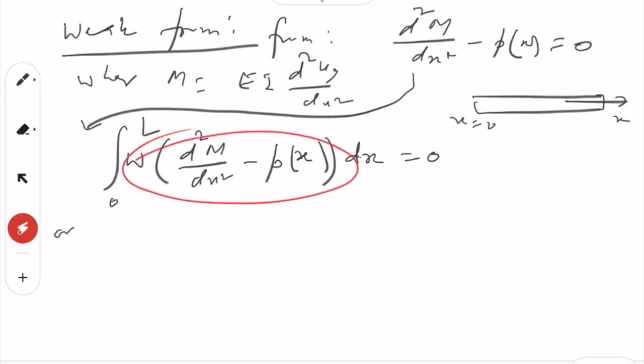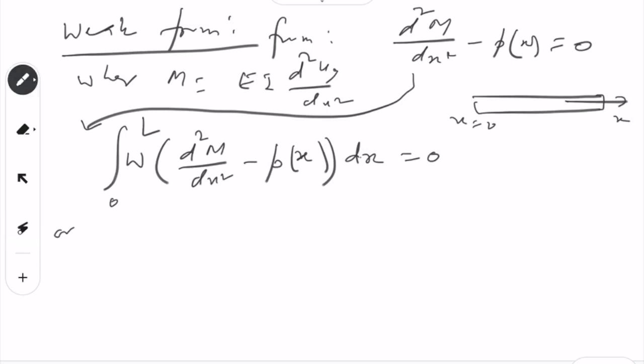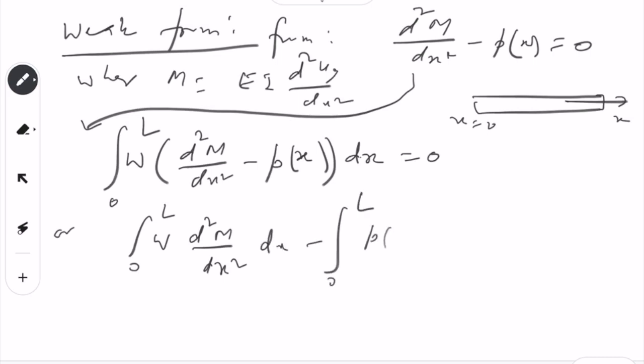First we separate it: integral from 0 to L of w d square M over dx square dx minus integral from 0 to L of px w dx equal to 0.